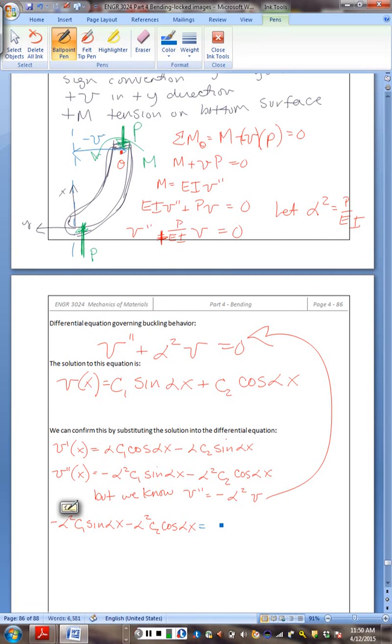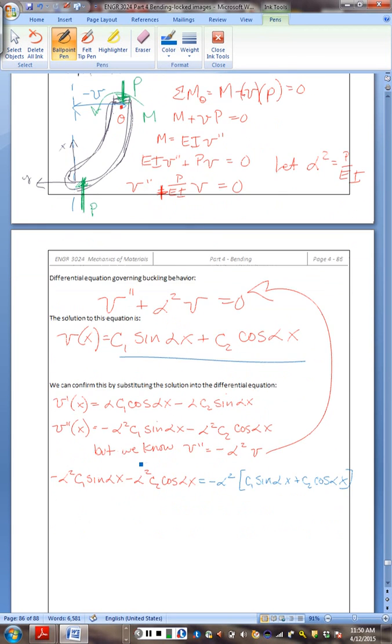On the right hand side we're going to multiply minus alpha squared times the original deflection equation, C1 sine alpha x plus C2 cosine alpha x, and distributing that in to both terms, we see that yes, in fact, this is a valid solution.